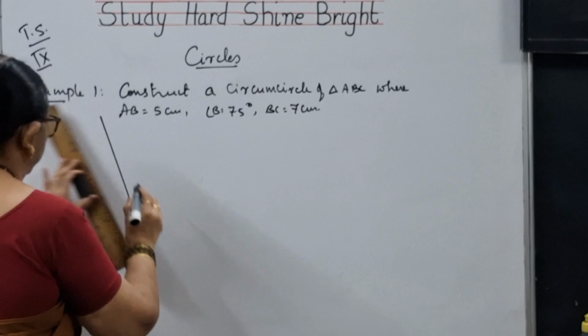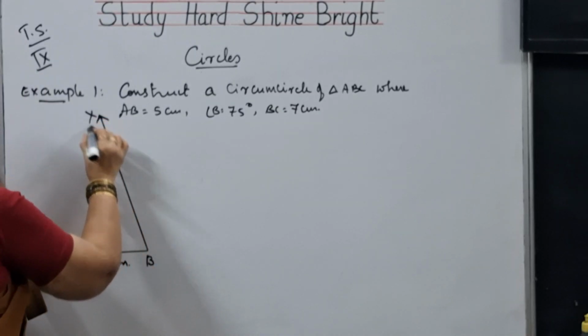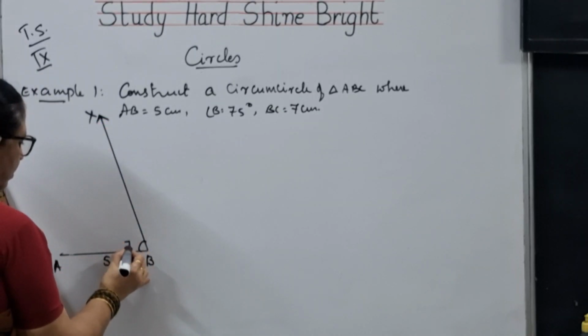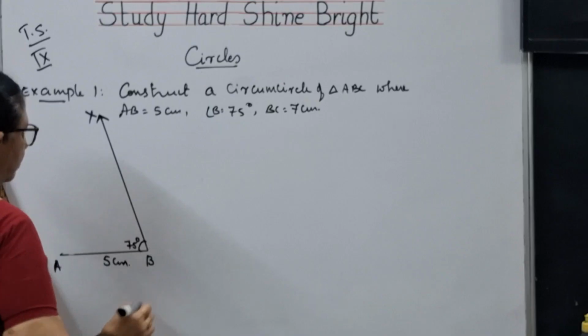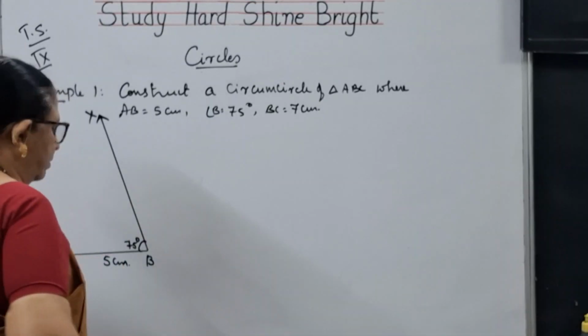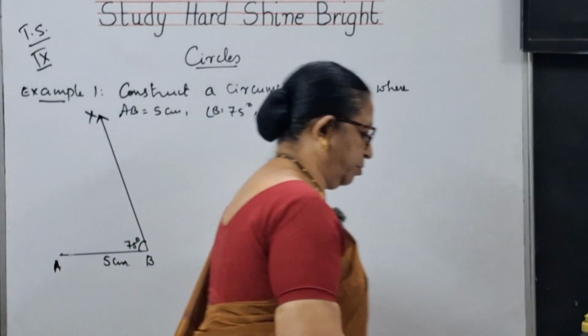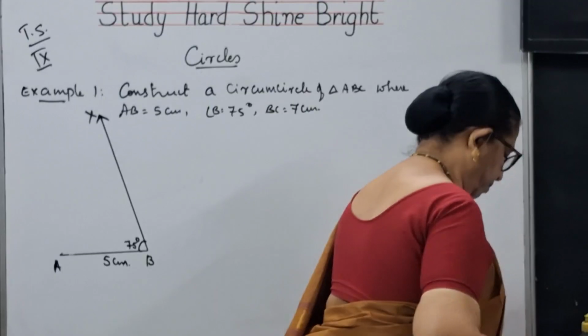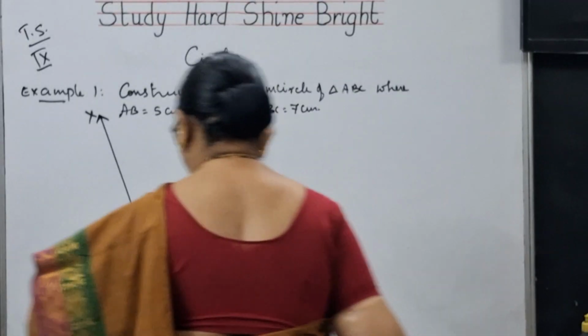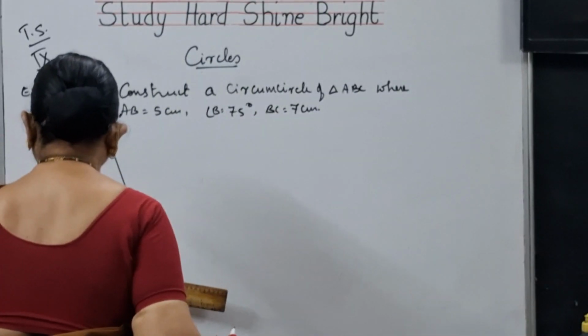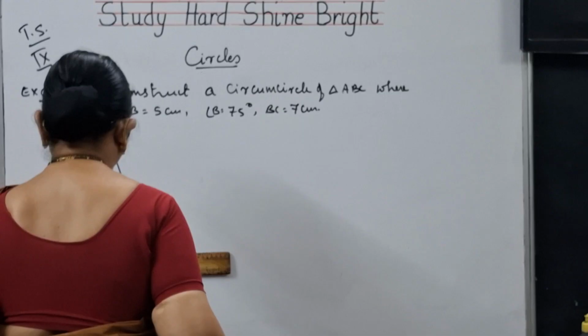This is BX making 75 degrees. So angle B is 75. BC is 7.5 centimeters.